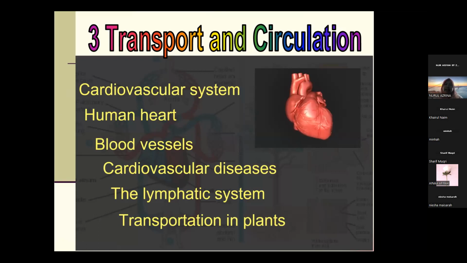Okay, so chapter 3 is about transport and circulation. We are going to explore our cardiovascular system, meaning to say the heart and also the blood vessel surrounding the heart and also general blood vessel lah.